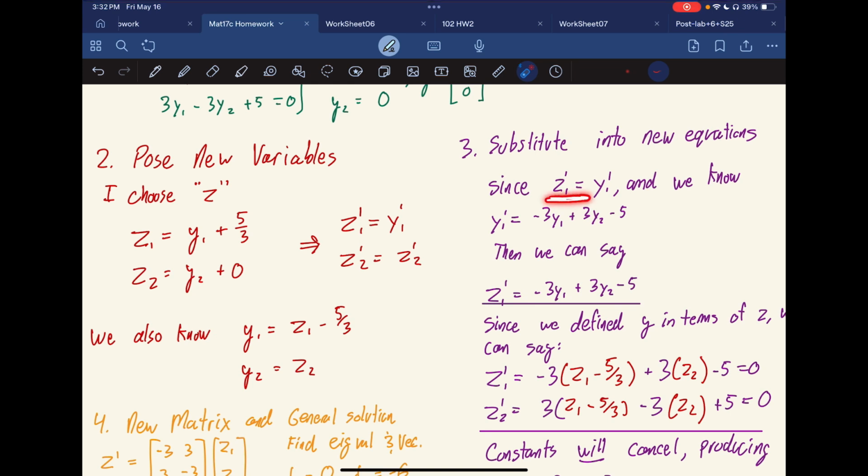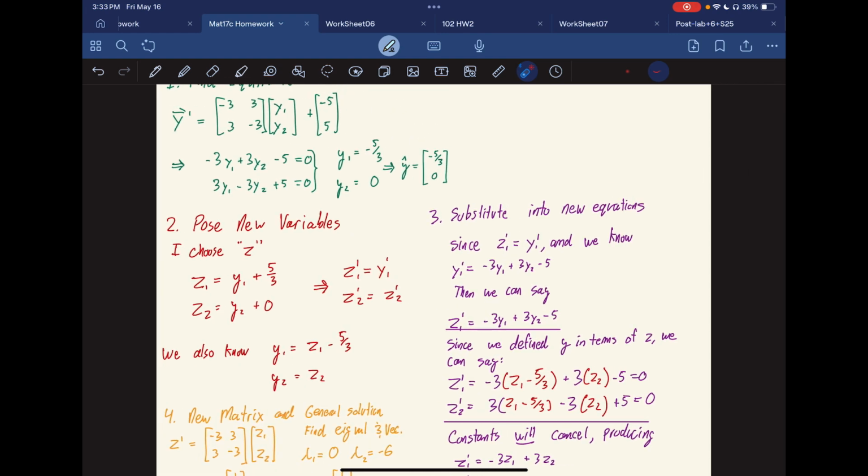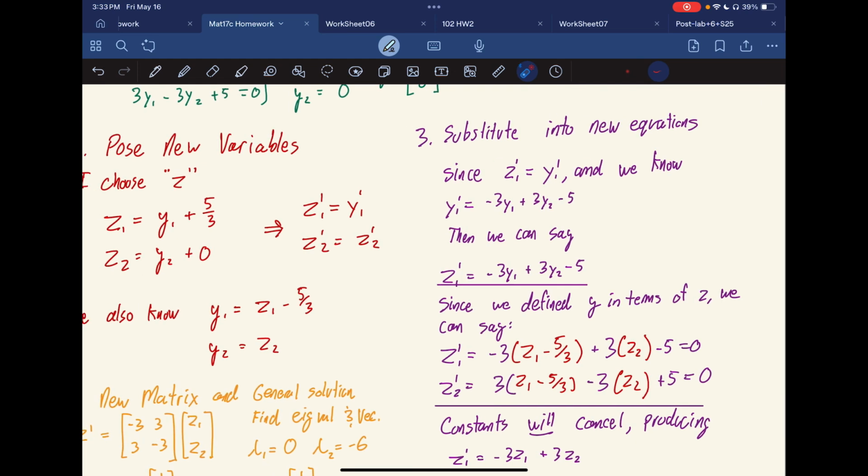So since the derivative of z is equal to the derivative of y, as we established over here, and we also know that the derivative of y1 is equal to negative 3y1 plus 3y2 minus 5, which we got from over here, then we can say that since these are equal, we can just plug this into here. So the derivative of z1 is equal to negative 3y1 plus 3y2 minus 5. And you might ask yourself, well, that's kind of useless.